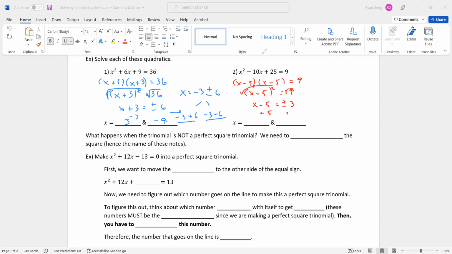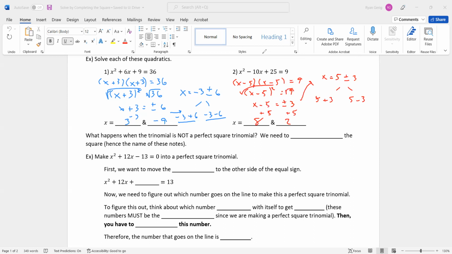Now I'm going to add 5 to both sides. I'm going to go over here. I get x equals positive 5 plus or minus 3. Get my two answers. I get 5 plus 3 and 5 minus 3. So 5 plus 3 is 8.